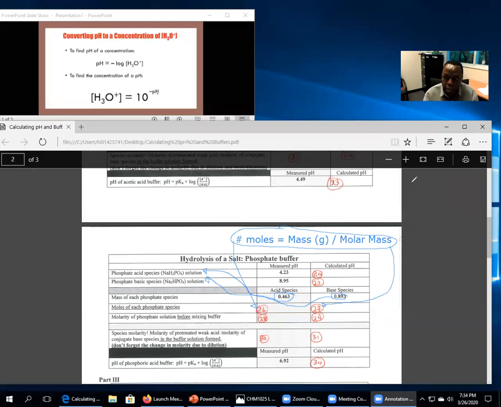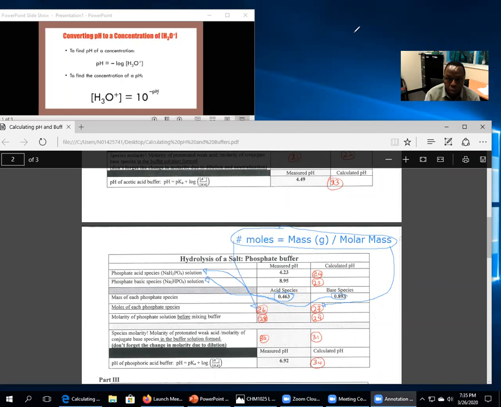Say 50 ml beakers, you have these two solutions. How much volume of DI water did you use? Look at hydrolysis of a salt, because if we don't know the volume of each solution, there is no way we will find the molarity.